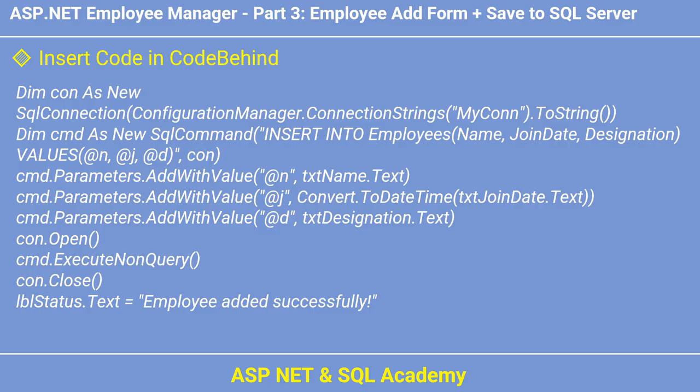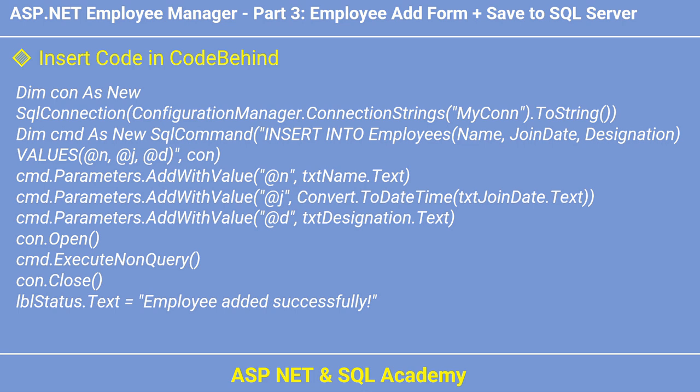Now, let us switch to the addEmployee.aspx.vb file, which is the code behind file for our addEmployee form. Here, we paste the required VB.NET code to handle the logic for adding a new employee to the database.